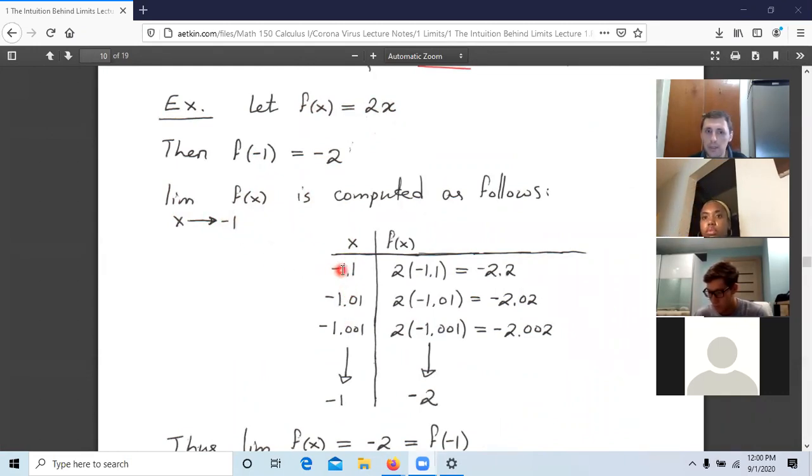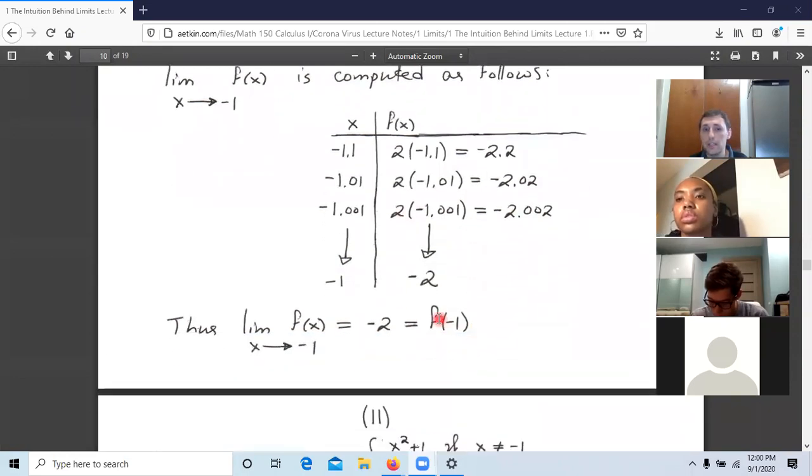I cannot select -1, so maybe I'll select -1.1, -1.01, -1.001. I select a bunch of numbers that become more and more like -1, but never actually -1, and not one number but infinitely many. Then I try to predict the pattern. If I multiply this number by 2, I get -2.2. If I multiply this number by 2, I get -2.02, or -2.002. And as it happens, I get something that looks more and more like -2.